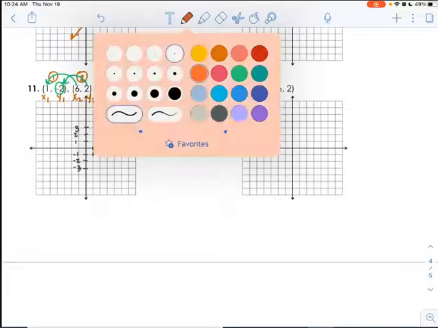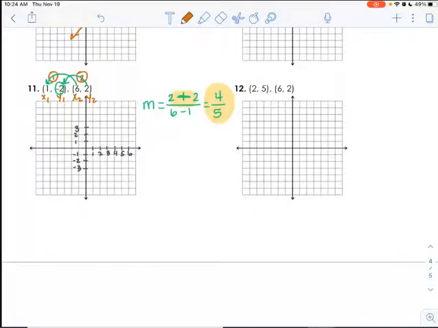And then we can go ahead and plot them. The first point is 1, -2, which is down here. The second point is 6, 2, which is over here. We can connect those dots to form a line and add our arrows on the end.